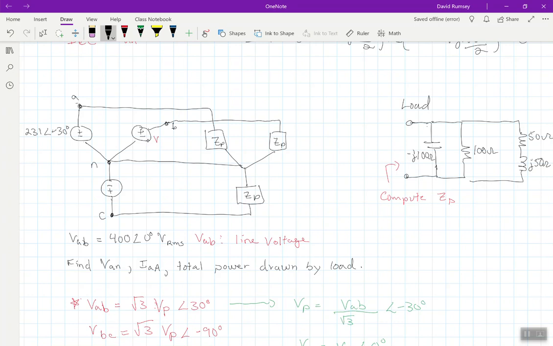For instance, VBN would just be, well, it's still going to be 231 at an angle, and what we do is, well, there's an angle difference of 120. So this would be minus 150 degrees. And then this one would be volt RMS. And then this one would be another 231 at an angle. Take another 120 away, minus 270 degrees, volt RMS.